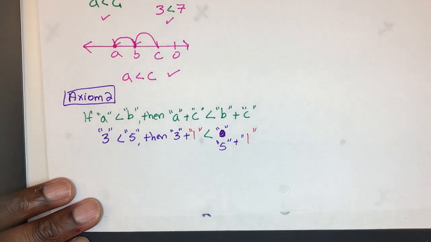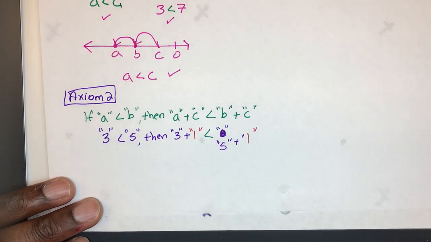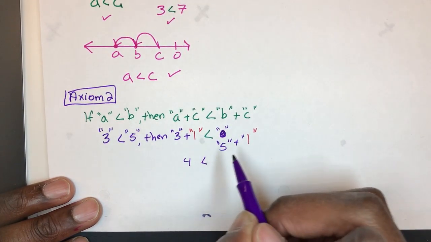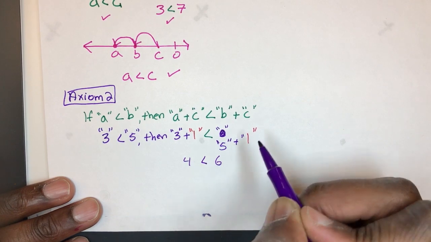Let's make that cleaner. 3 plus 1 is 4. 4 is less than 5 plus 1, which is 6.